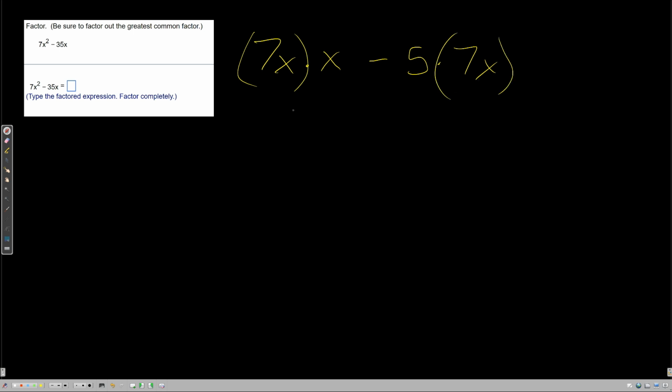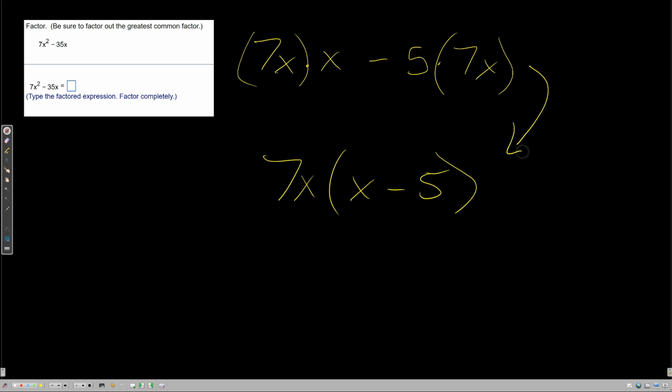That's the most I'm going to be able to get out of each term. And so that 7x factors out, and what's left over is quite literally all the rest of the symbols. So the 7x factors out, I'm left with x minus 5.